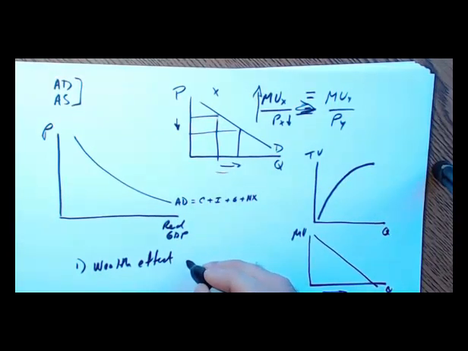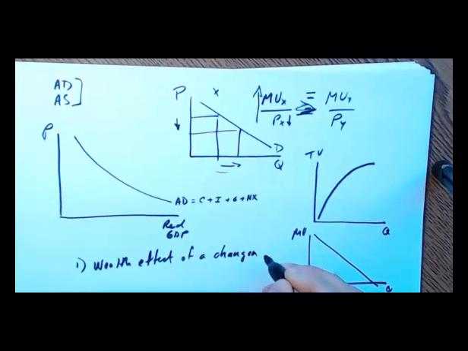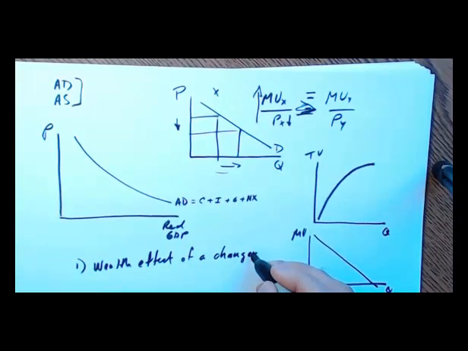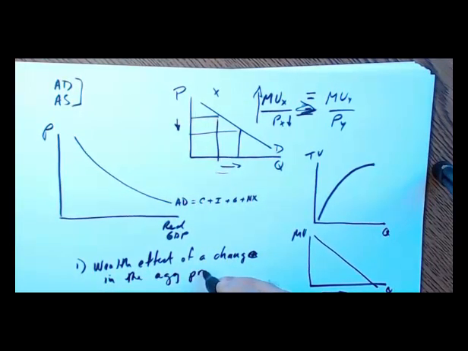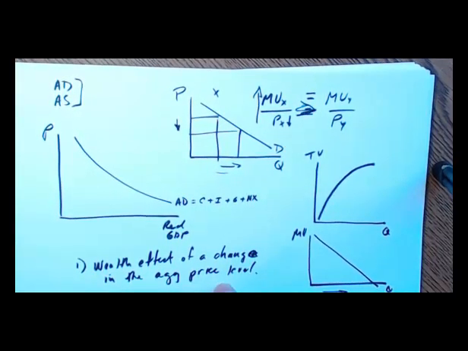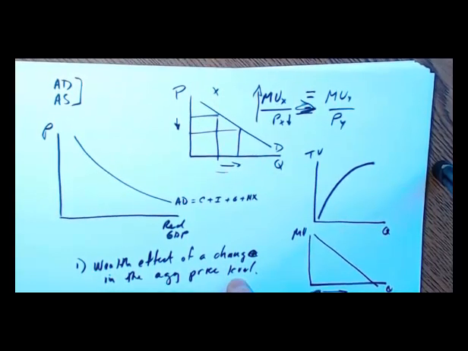It'll say the wealth effect of a change in the aggregate price level. It's clarifying that this is a wealth effect due to a change in the aggregate price level, because there's all sorts of other wealth effects out there in economics.